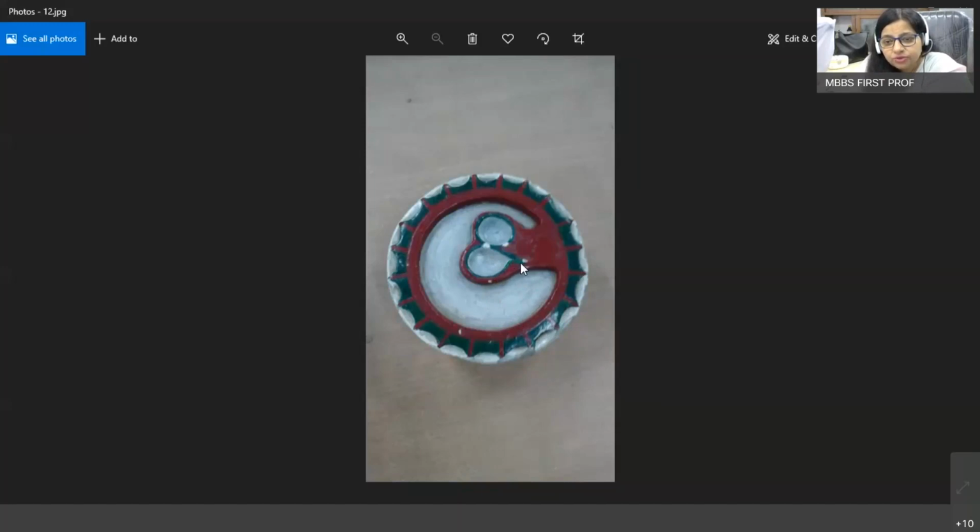This is the allantois. See, a diverticulum from the yolk sac going into the connecting stalk. This is the allantoic diverticulum. So this is present only in the yolk sac. It is not there in the amniotic cavity. So you differentiate because of this allantoic diverticulum.